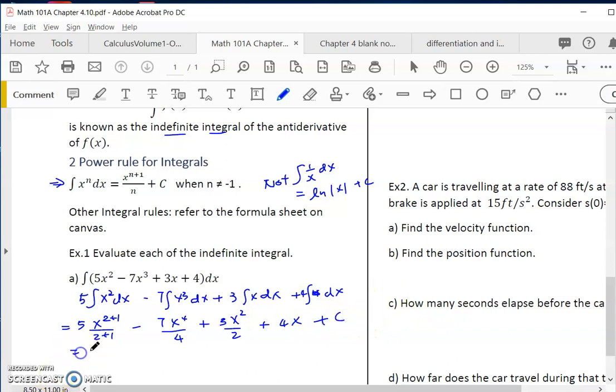Rewriting it back, it would be 5 over 3 x cubed, minus 7 over 4 x to the fourth. There's a lot of fractions. Plus 3 over 2 x squared plus 4x plus c. And what we're saying is, this is the original function that has not undergone differentiation. If I take the derivative of it, I will get 5x squared and so on, like that. And remember, plus c.